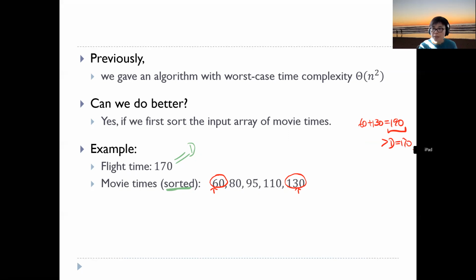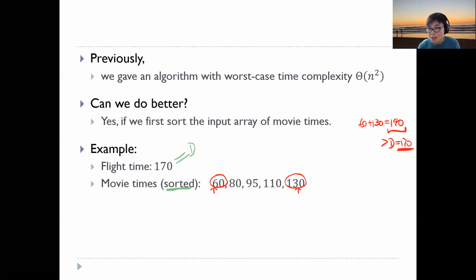From this, the question is, what can I deduce? Well, I know that this one right now is the smallest, and 130 plus the smallest possible number still gives me a number which is bigger than my target number.